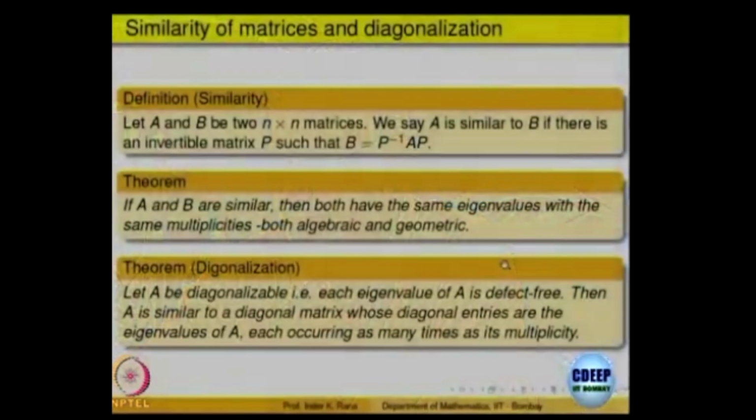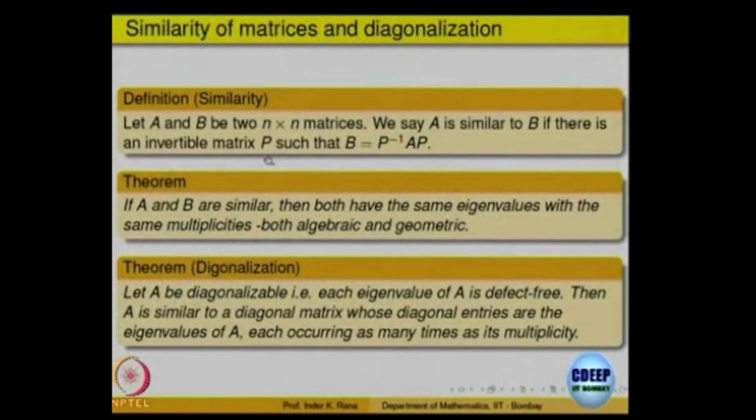If each is equal to the algebraic multiplicity, then we are through, then we can find a basis consisting of eigenvectors.